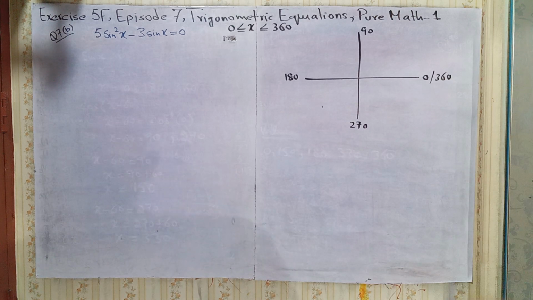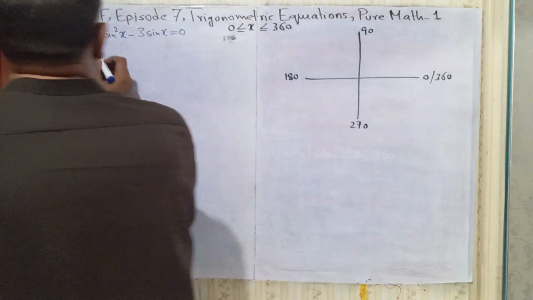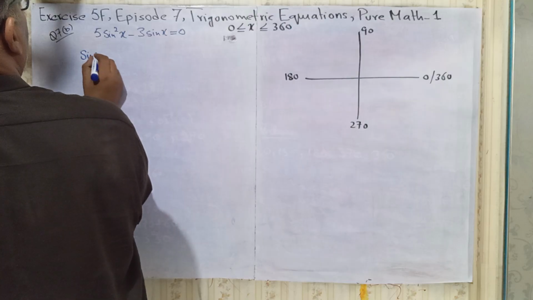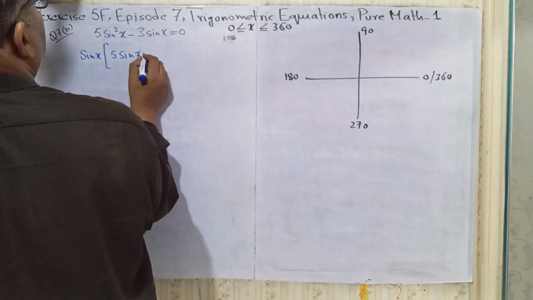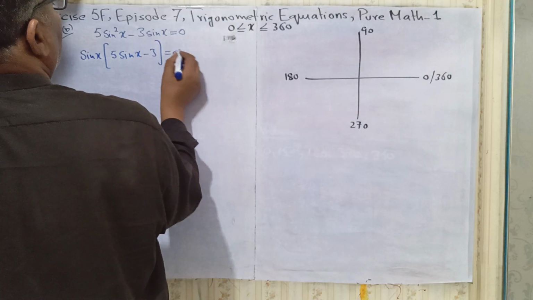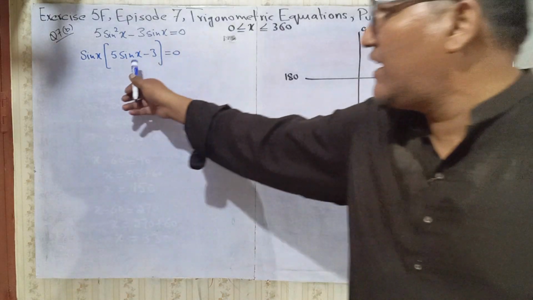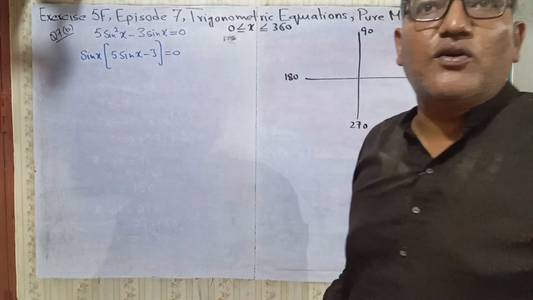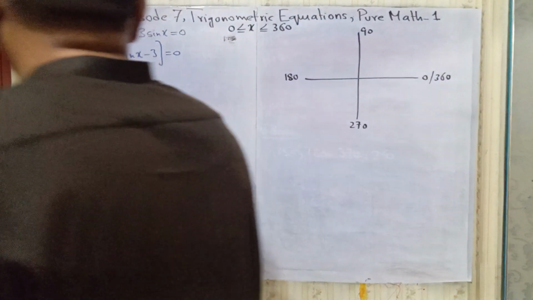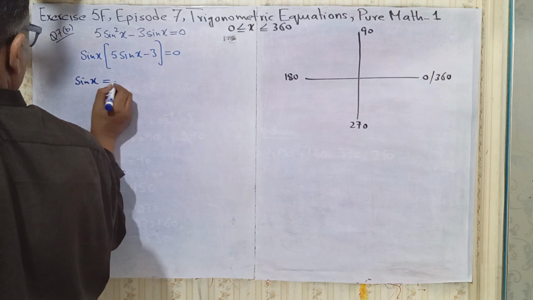Okay. So first of all, I'm going to take the sine x common. So I take the sine x common, you will have sine x times 5 sine of the x minus 3 equals to 0. So either this is 0 or this thing is 0, because they are multiplying and the answer is 0. So I will make them one by one equal to 0. So you will have sine of the x equals to 0.